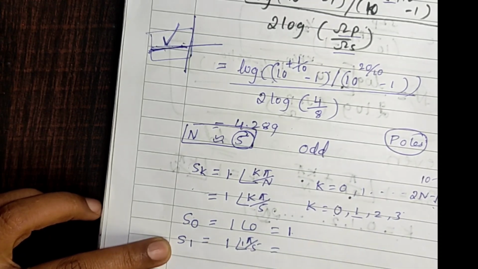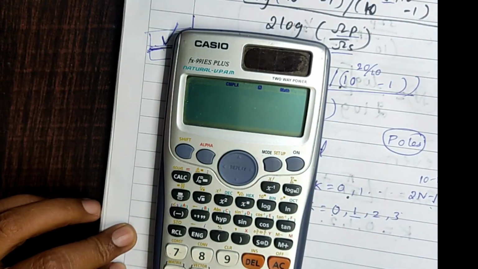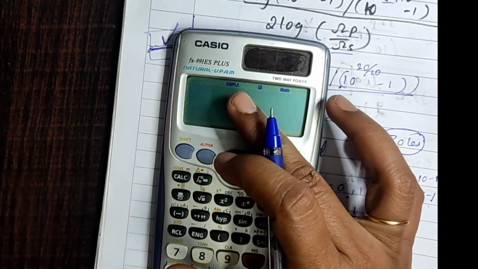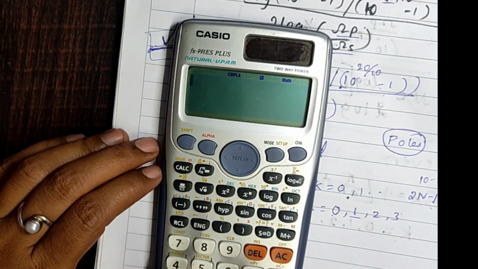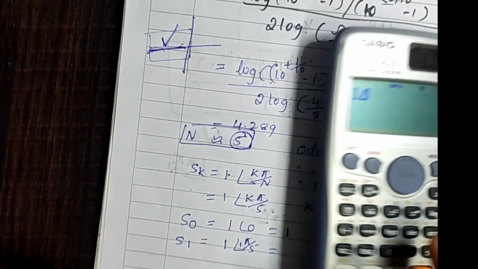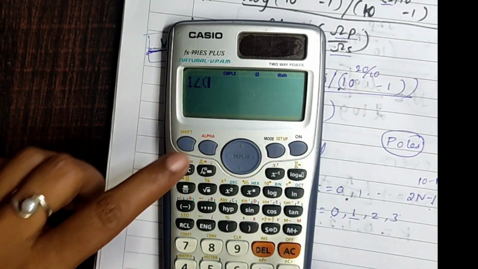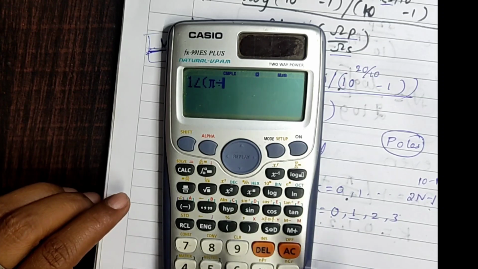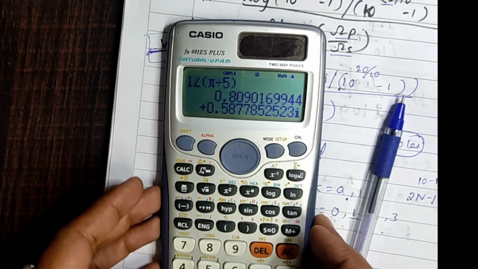This can be calculated using the calculator. Please keep your calculator in radian and complex mode. So this will be 1 at an angle, pi by 5, with pi in the bracket. Check what you have got, put it in standard form.